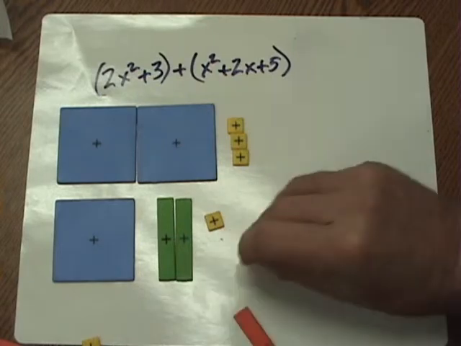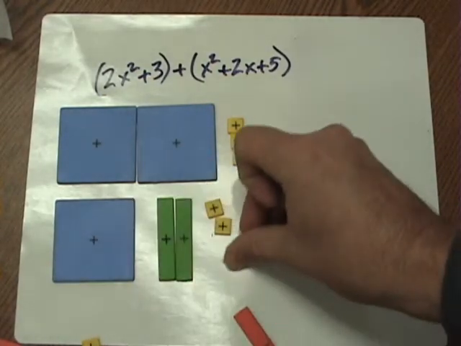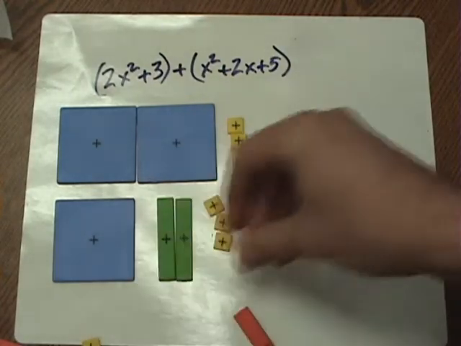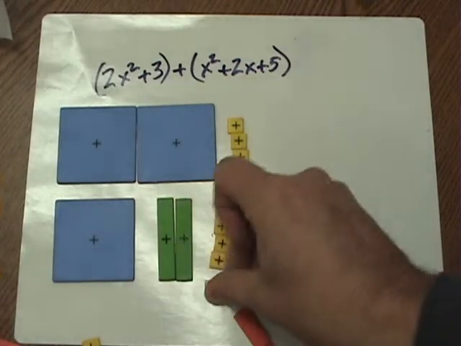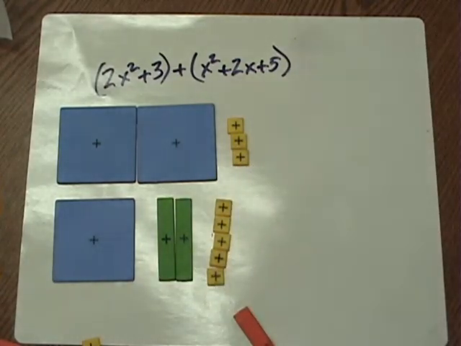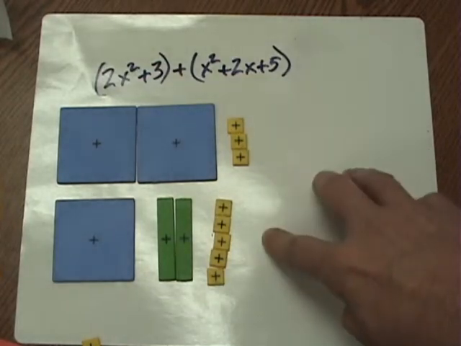So we need 5 of our tiles, and these are all positive. Okay, so this would be our 2x squared, this would be our x squared plus 2x plus 5.